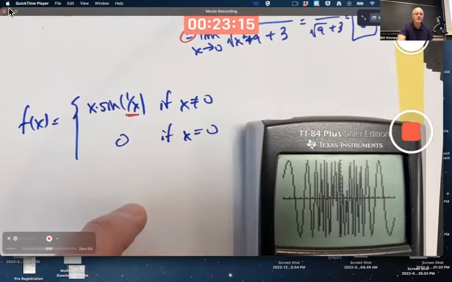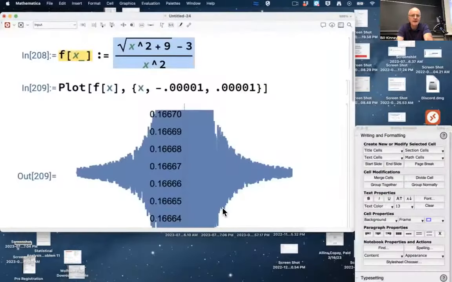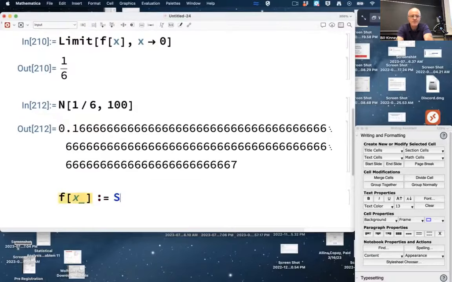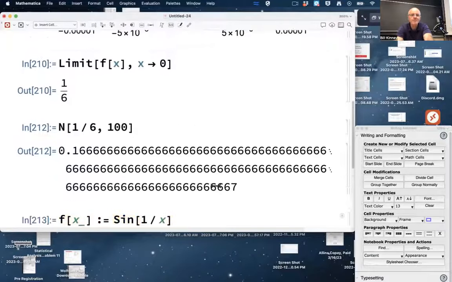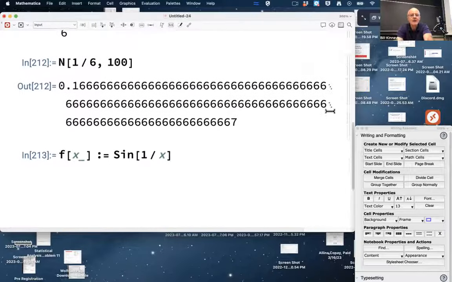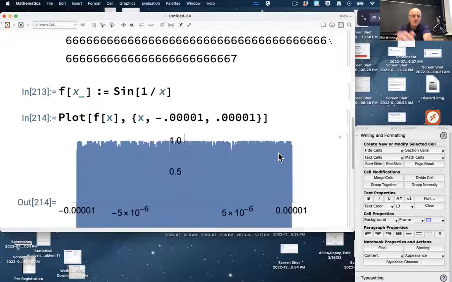What does Mathematica produce on this? Mathematica produces a better looking graph, you might say, but it'll still oscillate infinitely often. By the way, you can take code and copy and paste it. Again, to enter the code, make sure your cursor is somewhere within this cell here and do a shift return.